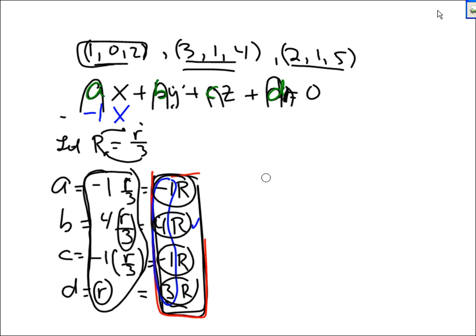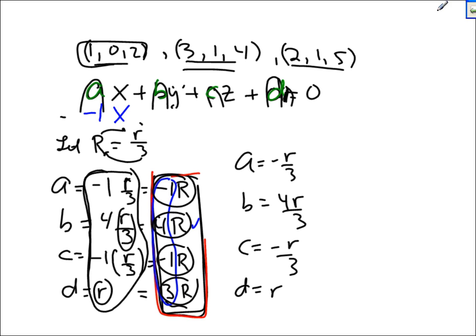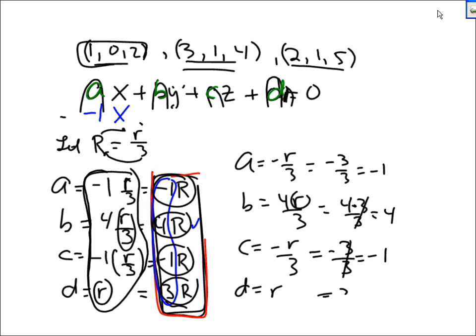Earlier, we said our final answer was A is negative R over 3, and B is 4R over 3, and C is negative R over 3, and D is R. Well, just let R be 3. So you get negative 1. You have 4 times 3 over 3. B is 4. You have negative 3 over 3. It's negative 1. D is 3. Okay, so you got the same answers for A, B, and C.